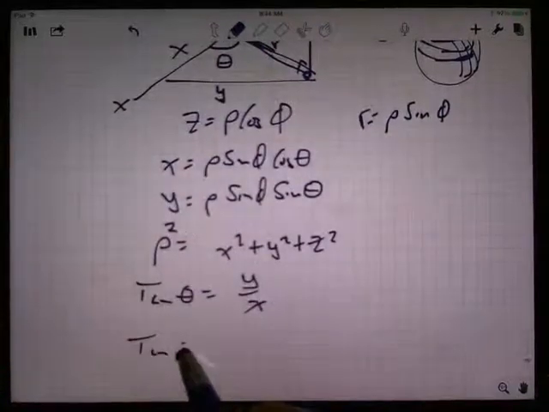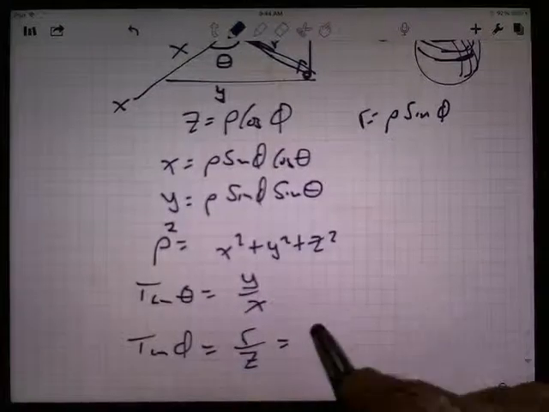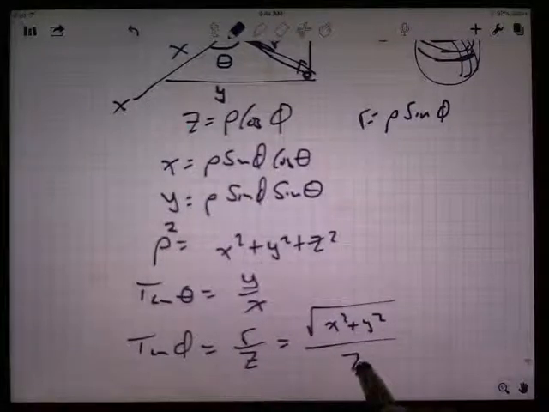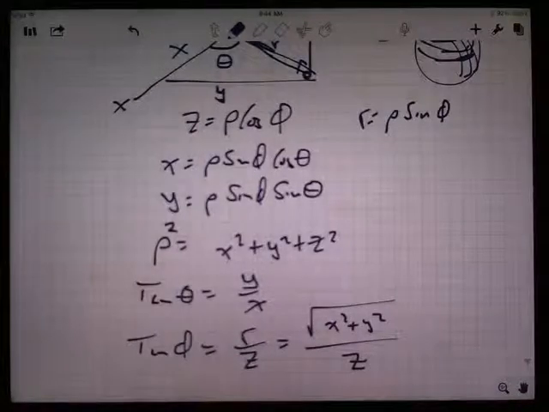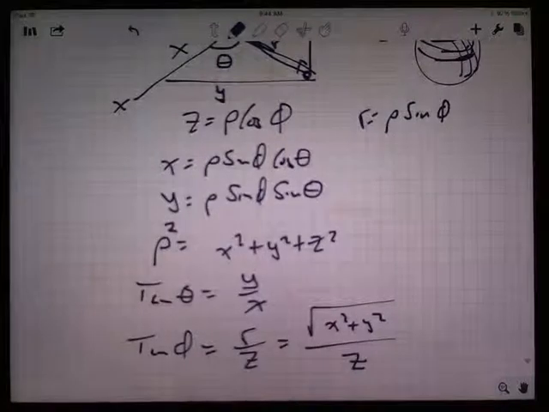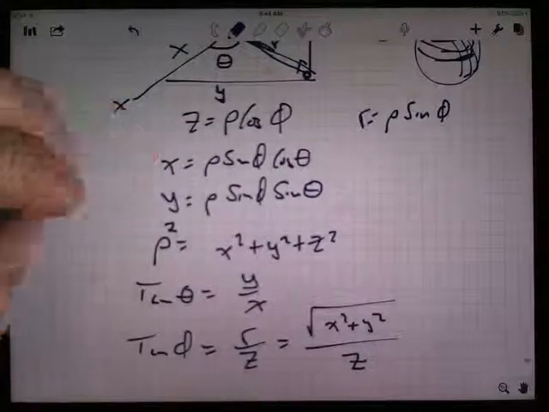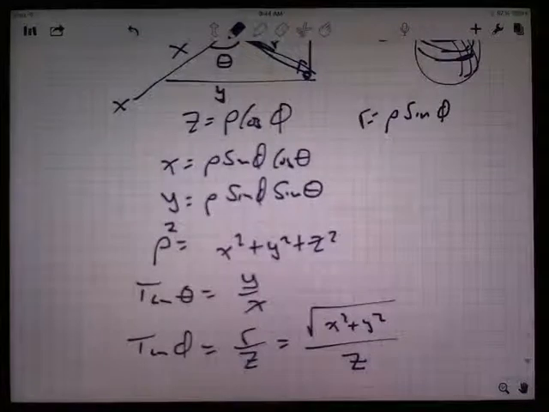So the tangent of phi is r over z, which is the square root of x squared plus y squared over z. We may have to be a little careful with the plus or minus sign on that, but anyway, there are conversions between spherical and rectangular, or rectangular and spherical. One direction is nice, one direction is not so nice.